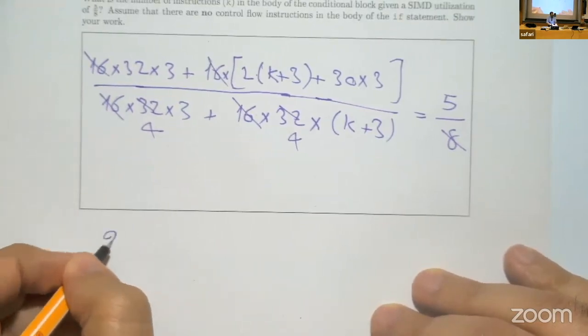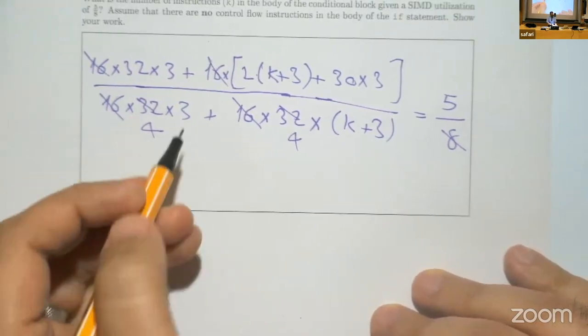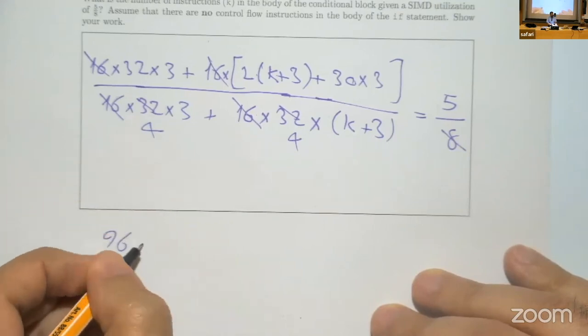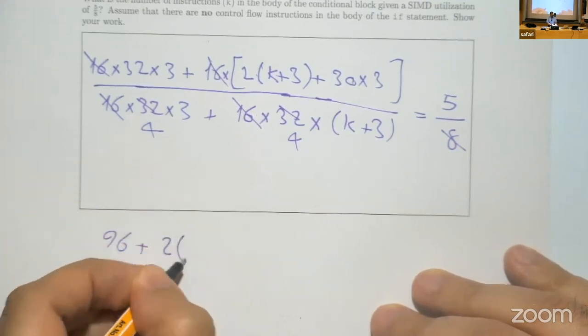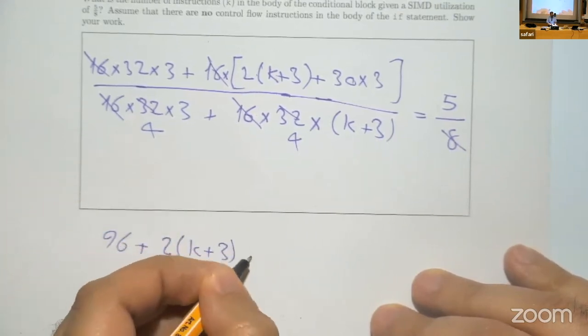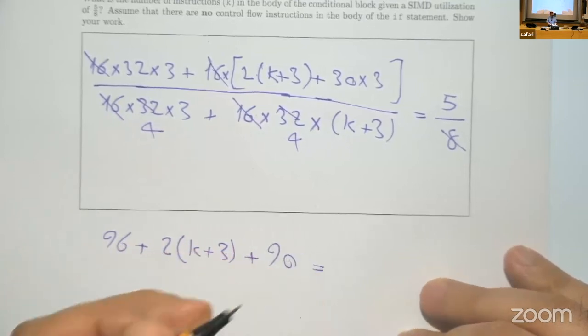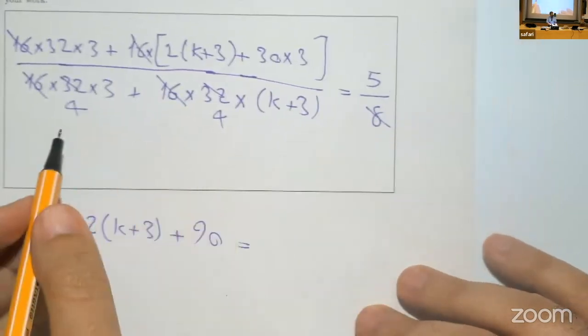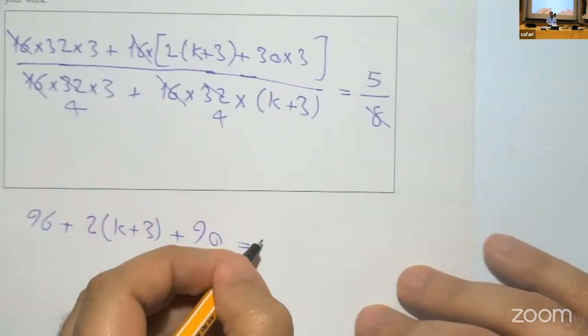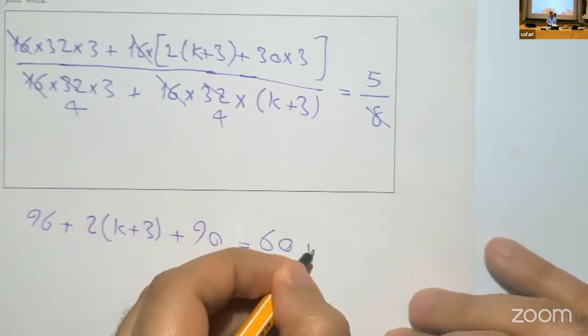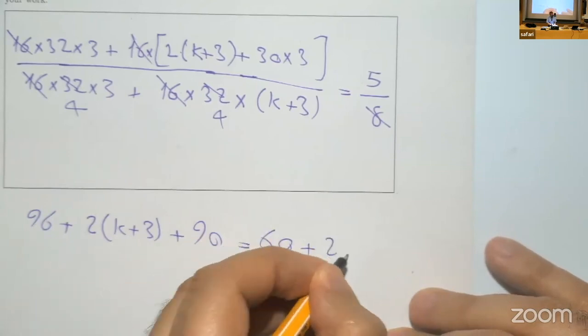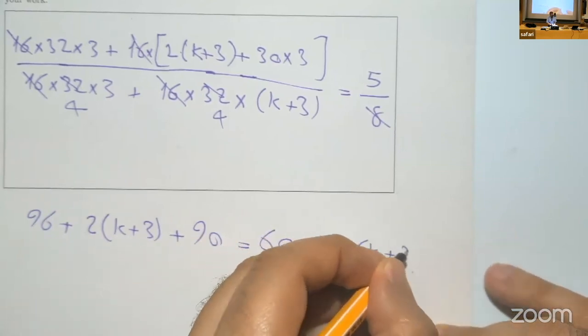okay, I think right here, 96 plus 2 plus 3 plus 90 equals 560 plus 20 plus 3.